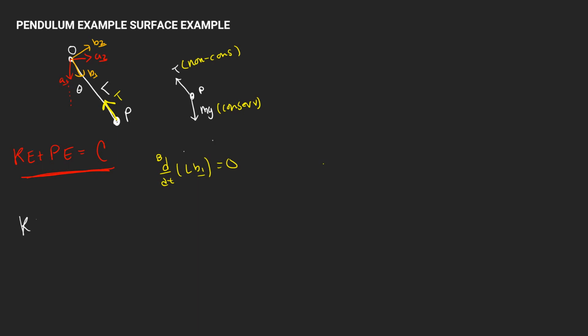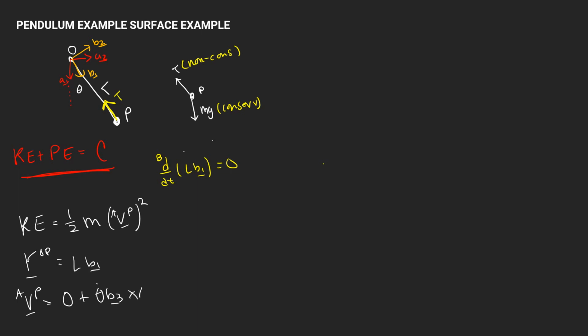So we'll start by calculating our kinetic energy, which is 1/2 m v squared. So first, sorry, we should calculate our position vector, of course. As I wrote up here, that's actually equal to LB1. And then our velocity, now this is in the A frame, so we can use our magic formula, which says that our velocity is equal to theta dot B3 crossed with LB1.